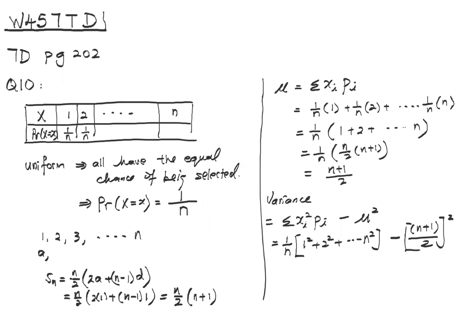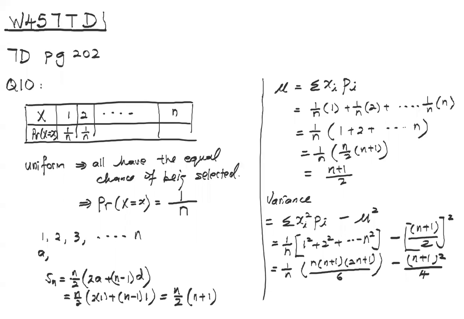And the question gives you the hint that the sum of all these is n plus 1, 2n plus 1 over 6. That is what the question tells you. They give you the hint already. You use that. So minus n plus 1 squared over 4.